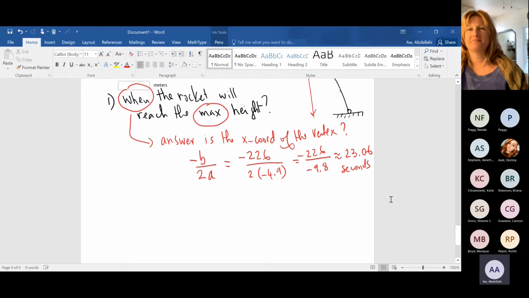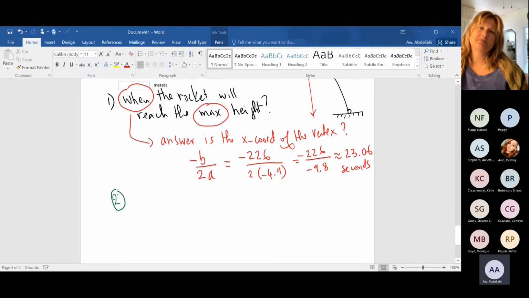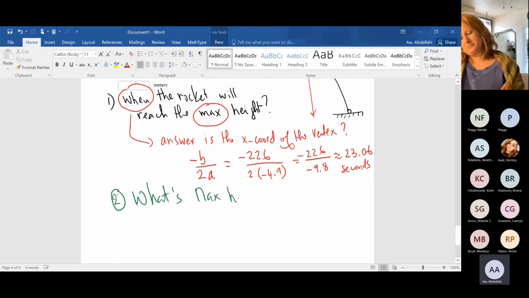Now the second question, which is also about the vertex, is this one. What is the maximum height reached by the rocket?